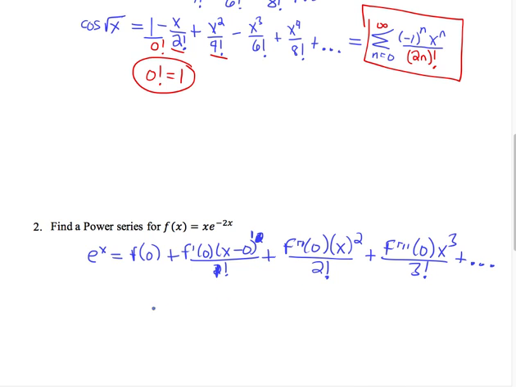So e to the x, luckily, is like the easiest function to do this with. If you put in 0, this is going to be 1. If you take its derivative, it's e to the x still. You put in 0, that's going to be 1 times x over 1. Plus, this is still going to be evaluated at 0. This is always going to be 1. I'm just going to stop writing it on the next steps. Times x squared over 2 factorial.